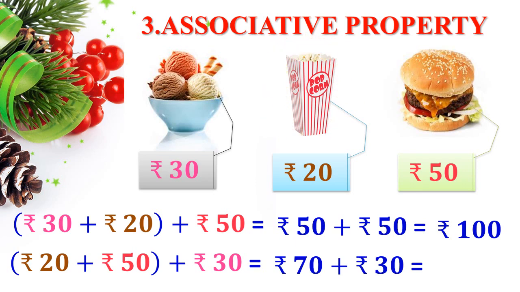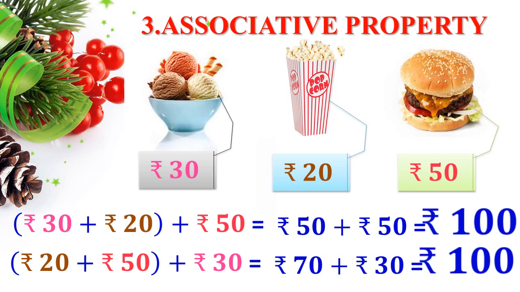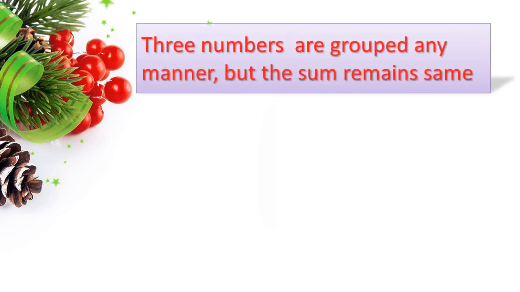Rupees 70 plus rupees 30 equal to rupees 100. Both ways of approaching give the same answer. So we learn from this, when we add three whole numbers, the numbers can be grouped in any manner and the sum remains the same.